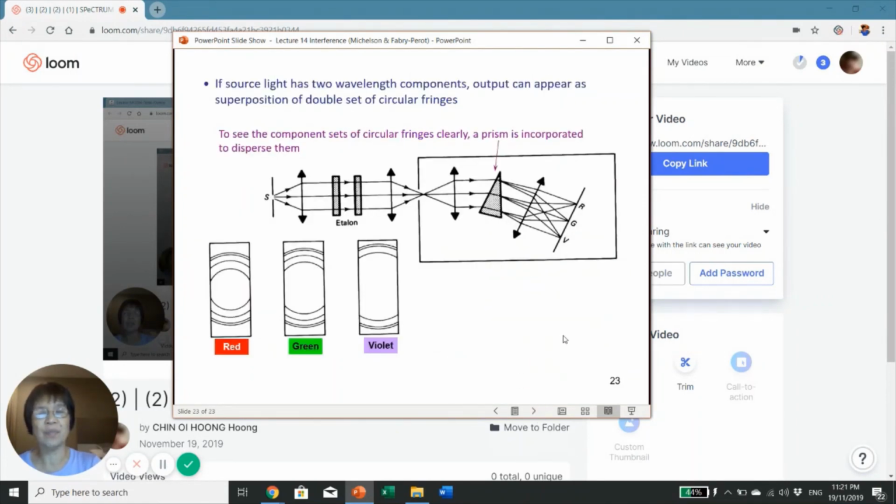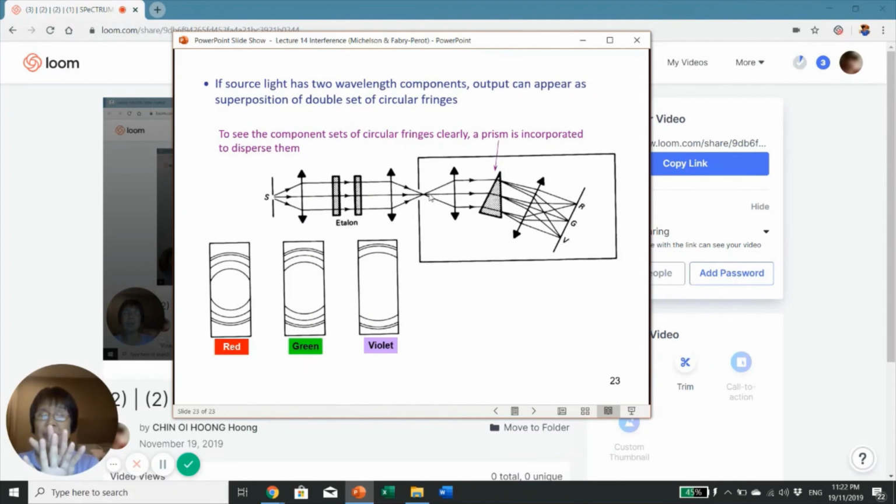Now over here, just a simple setup to show you how we can disperse the output. If a source has two wavelengths, the output can appear as a superposition of a double set of fringes. So what you get right after here would be the double set. And in order to see the fringes clearly, we have to split this setup because we're talking about two wavelengths.